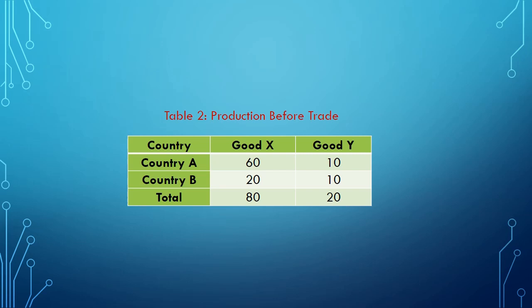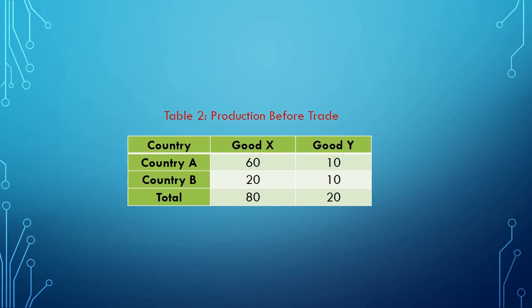Before this, if country B uses all of the resources to produce only good X, it can produce 40 units of good X. But in this case, because country B wants to produce both of the goods, it needs to use some of the resources to produce good Y. It will use half of the resources to produce good X and the other half to produce good Y. Before this, country B can produce 40 units of good X with all of the resources.